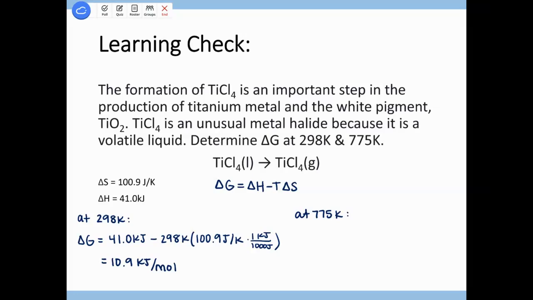But at high temperatures, we're going to get the second half of the equation. Although it's positive, we're going to be subtracting a really large number.